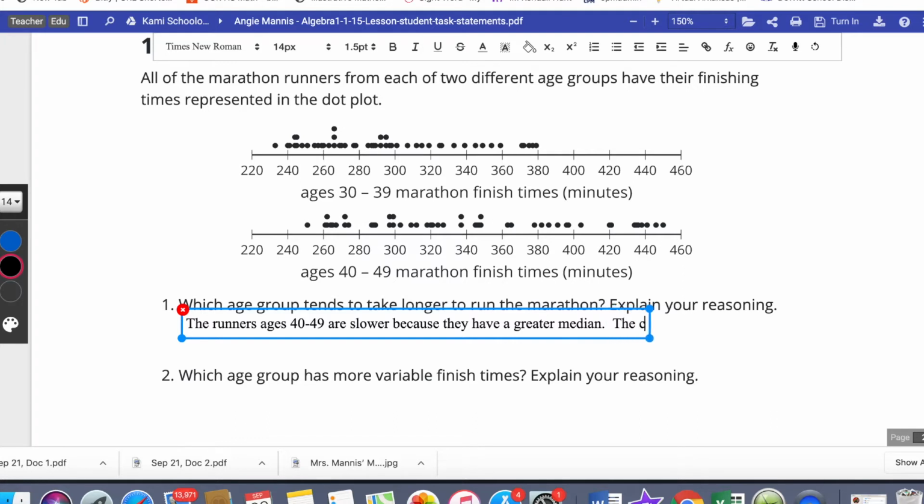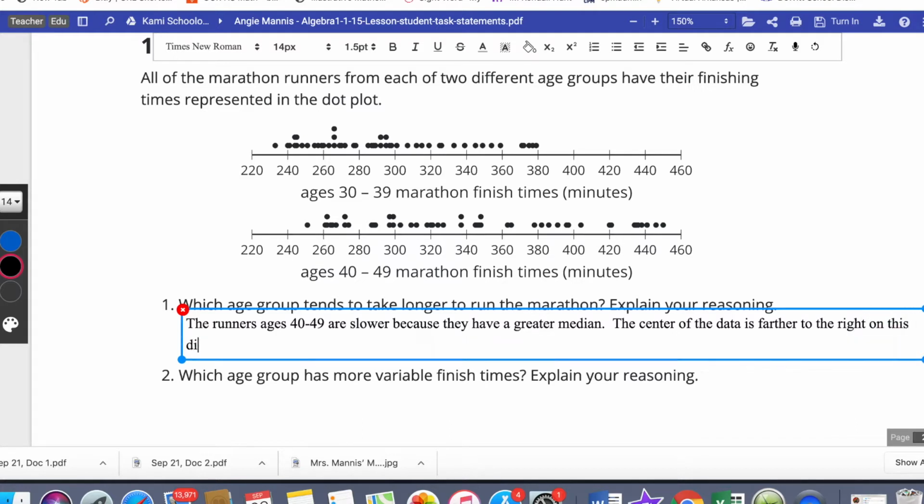The center of the data, which would be the median, is farther to the right on this distribution. And we just talked about that. So the median is going to be further to the right.